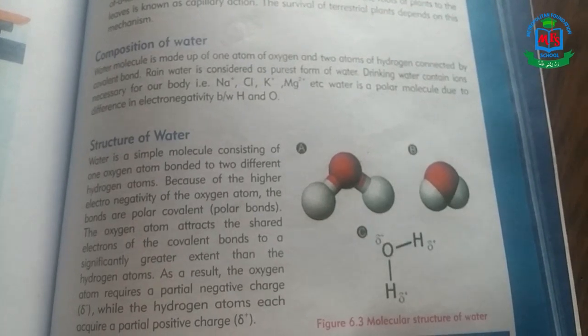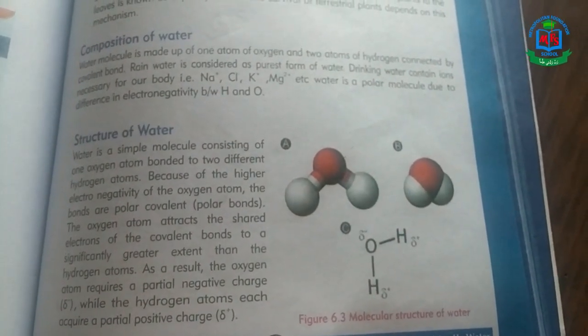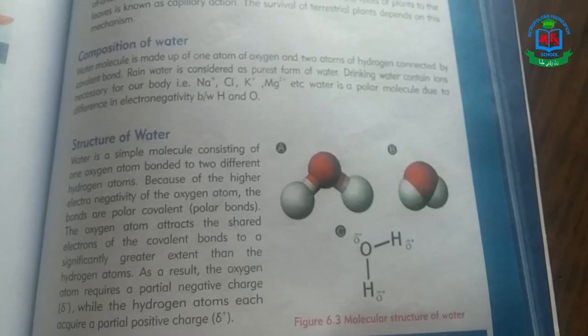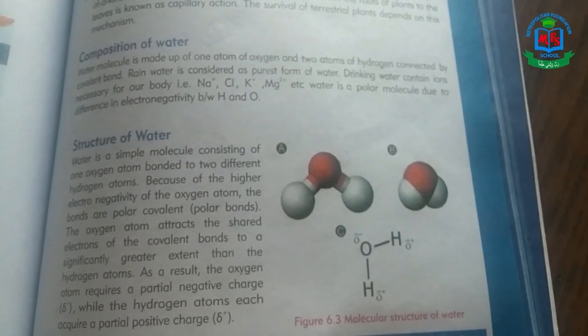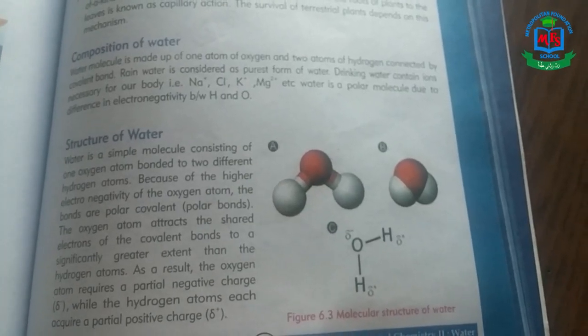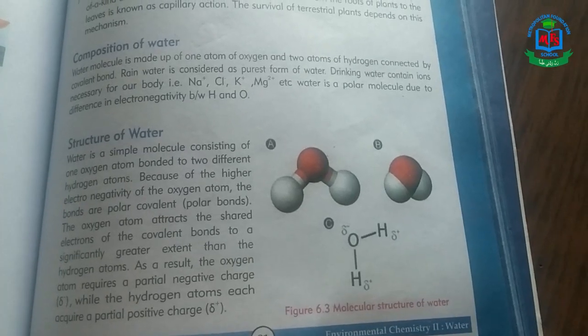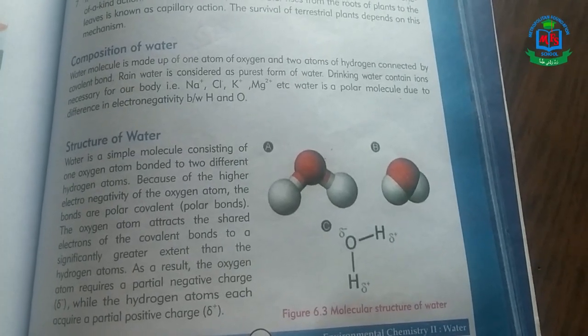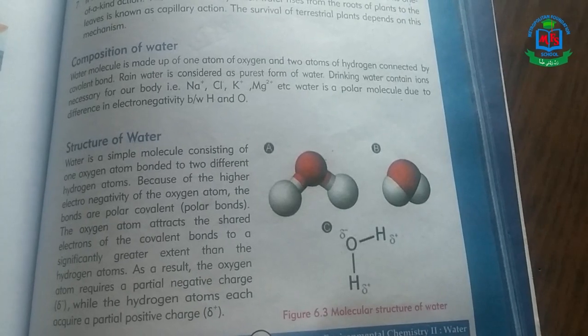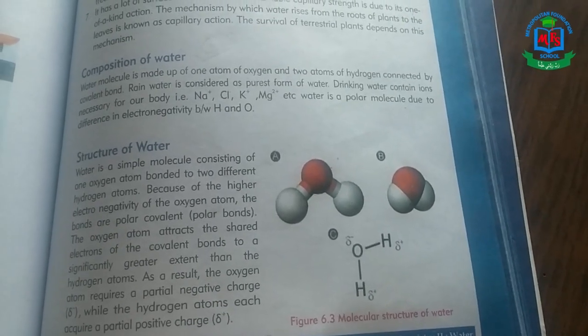If we study the structure of a water molecule, two hydrogen atoms combine with one oxygen atom, and it forms a water molecule, that is H2O. Its composition is one oxygen atom and two hydrogen atoms.